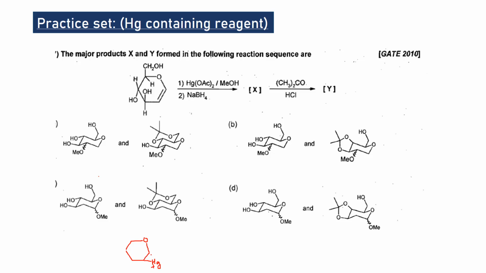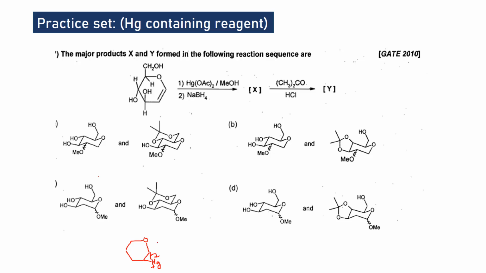The next step, as instead of water they have given methanol, so methanol will attack. Now the question is, methanol will attack here or here? Both the carbons contain the same number of hydrogen, so the count of hydrogen will not make a difference. So you have to consider the stability of the carbocation. If you open up this one, there will be generation of carbocation here which gets stabilized by the plus M effect of the adjacent oxygen atom.